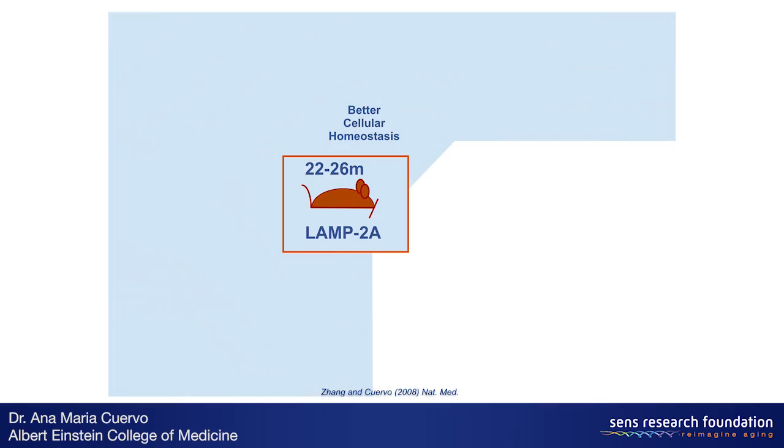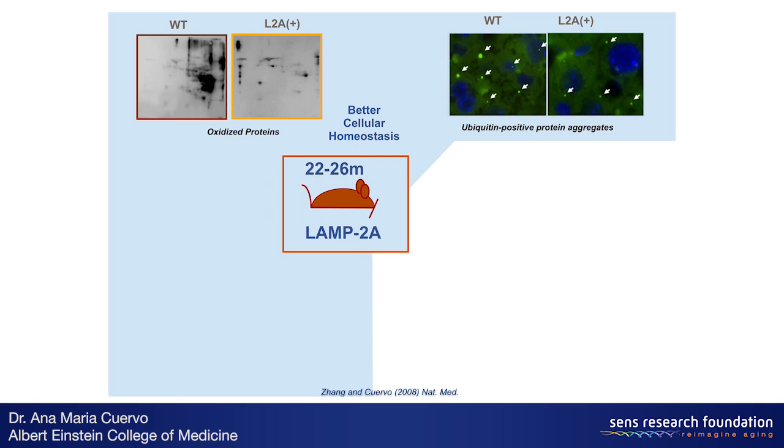We have now performed a complete characterization of these animals, and we have found that maintaining normal CMA activity till late in life is enough to preserve normal cellular homeostasis. So in addition to this decrease in oxidized proteins, we also have a reduced number of aggregates that you can identify here as these green spots staining for ubiquitin.